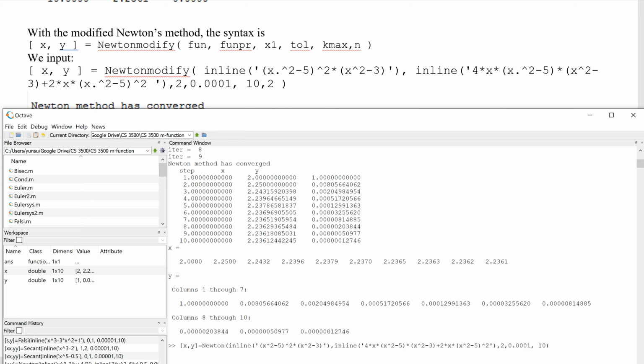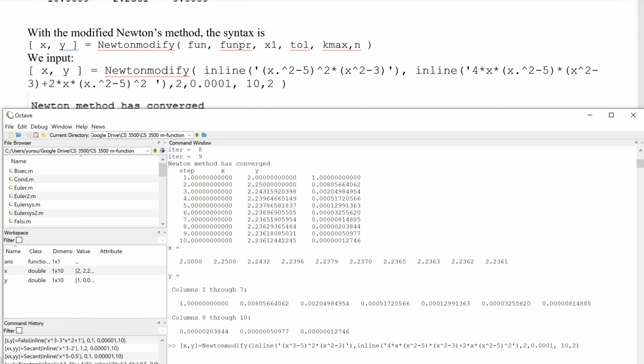We can just go up and change this to Newton modify. We have the function, the derivative, the tolerance, the maximum steps, and we have n. n is the multiplicity. Here we know it's a double root, so the multiplicity is 2.